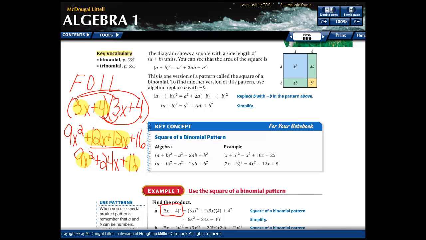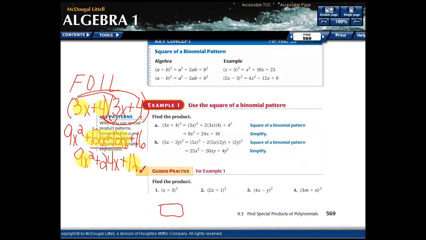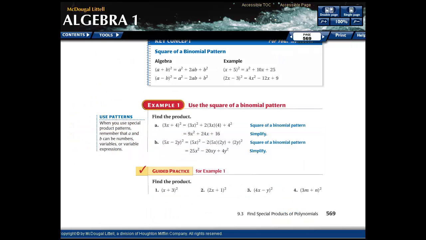Let's try one more down here with B. So 5x minus 2y. Again, let's not use the FOIL method. Since you know that this is being squared and it's this times itself, you can use this new pattern.